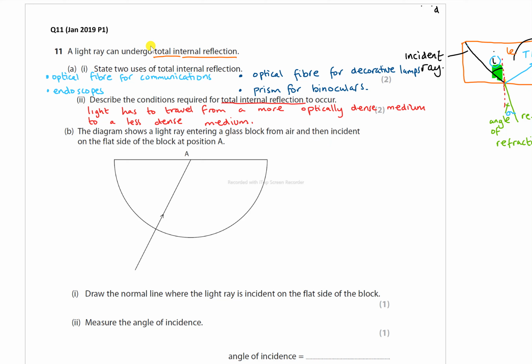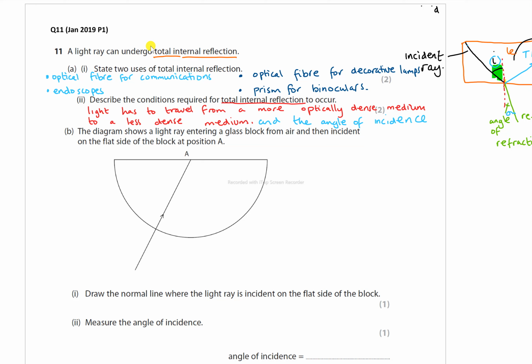Right. And the angle of incidence, so let me get that word right, it's incident ray but angle of incidence.